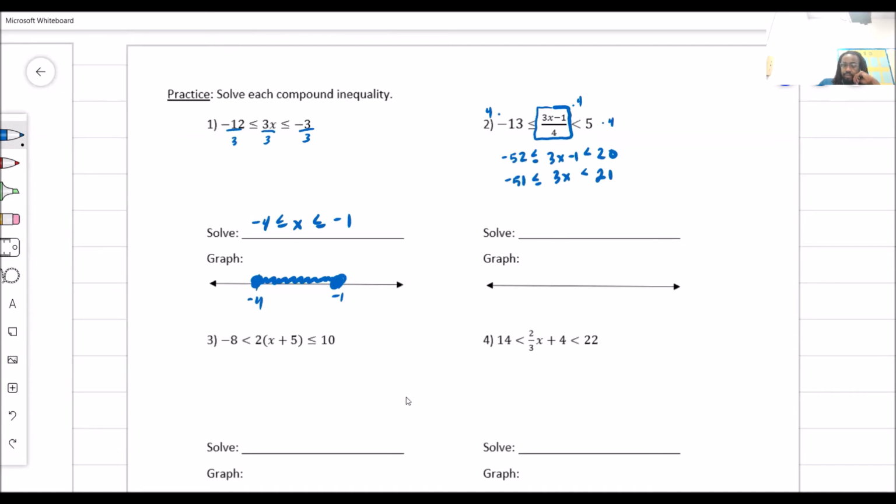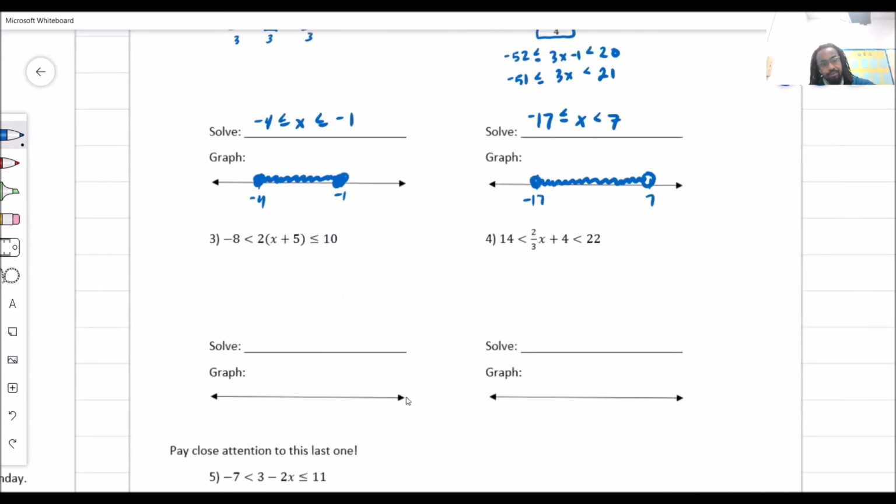And then divide by 3. So that's negative 17 is less than or equal to x, which is less than 7. Negative 17, 7, closed circle, open circle, everything in between, shade it.